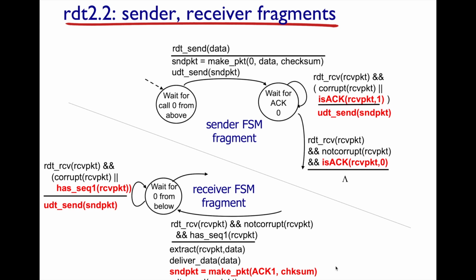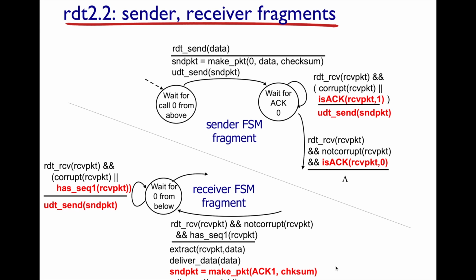So here we have a self edge, and this self edge says, okay, we'll receive something, and it's either corrupt or it has the wrong sequence number, right? So if it's corrupt, that's an error, and you're going to do the UDT send, and what it's going to send is an acknowledgement that has been saved before. That acknowledgement was created before the edge that got you to wait for 0 from below.